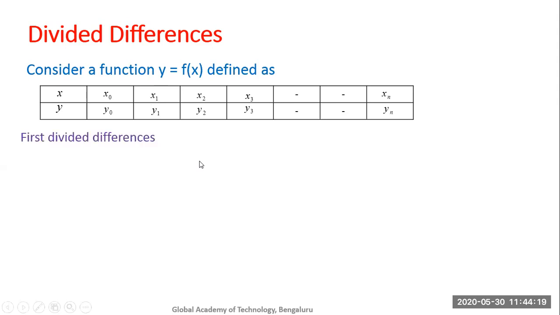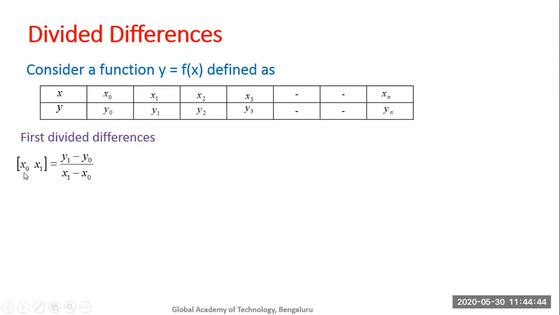So we define the first divided differences, and the notation is the square bracket x0, x1. This is defined as the difference between the y values, that is y1 minus y0, divided by the difference in x values, x1 minus x0.